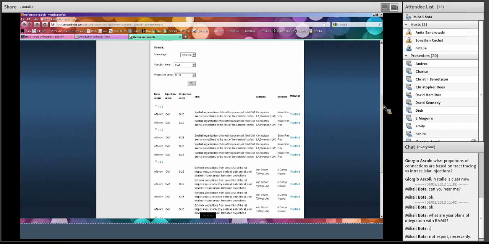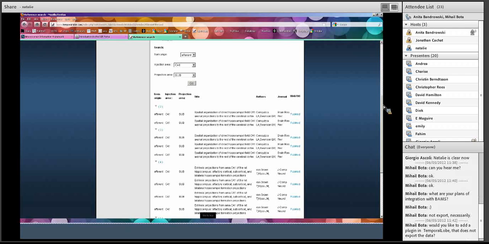I mean, we used to have papers. We still sort of have papers, but now we have this whole new medium, and I think it will require some thinking on all of our parts. Mihai is saying that would you like to add a plugin, temporal lobe, that does not export the data?